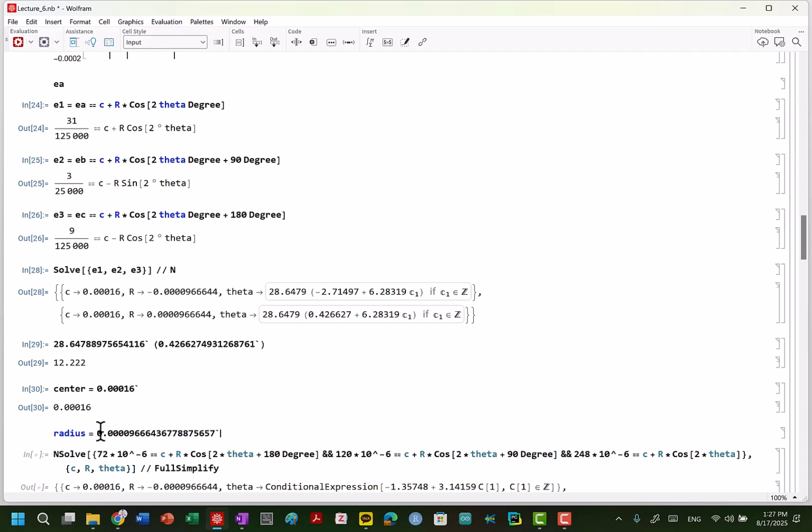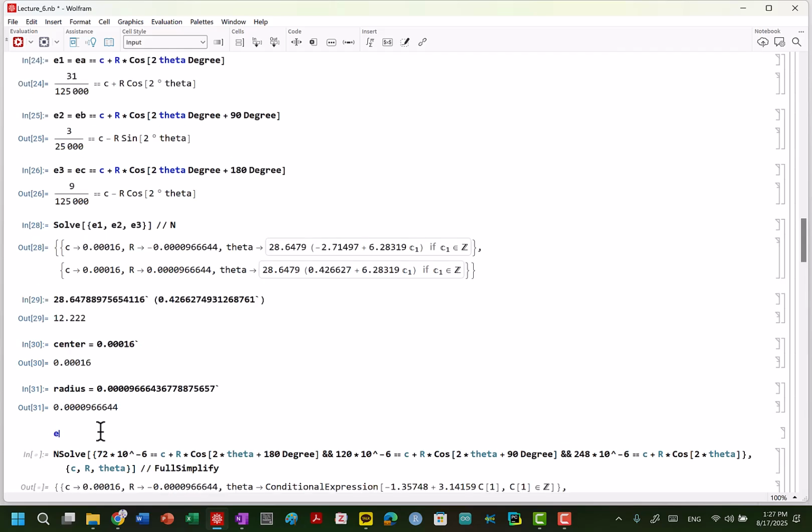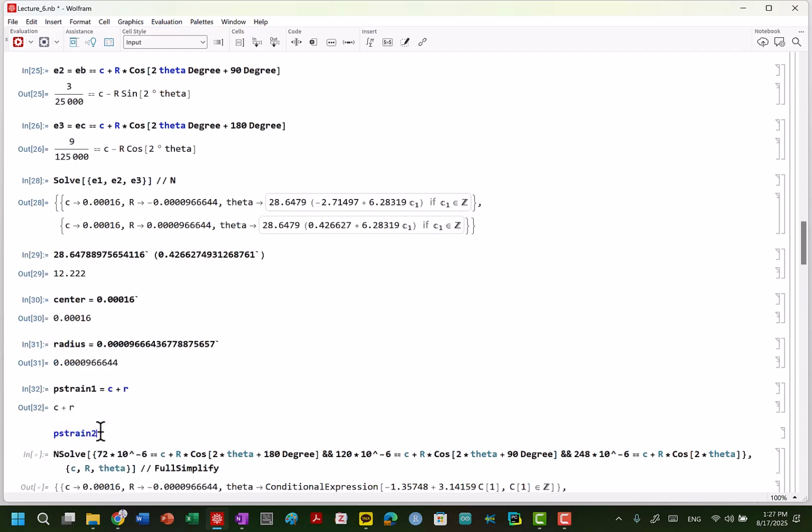So for my principal strains, P strain 1 equals center plus R, radius. P strain 2 equals center minus R, radius.